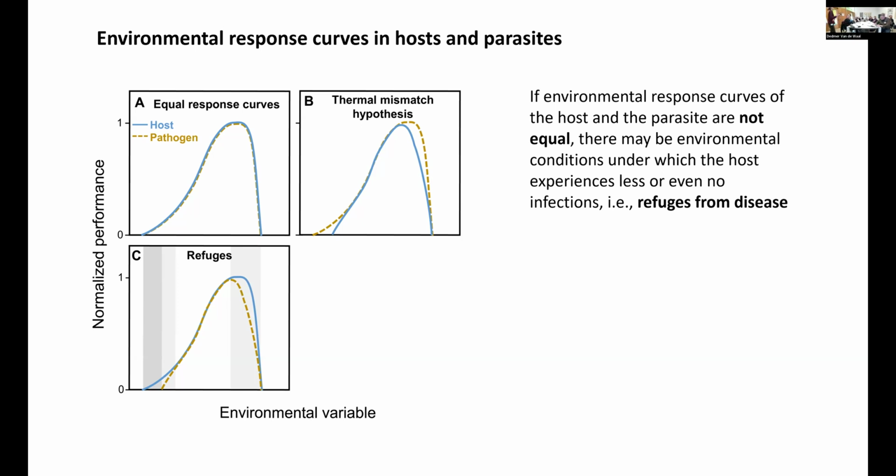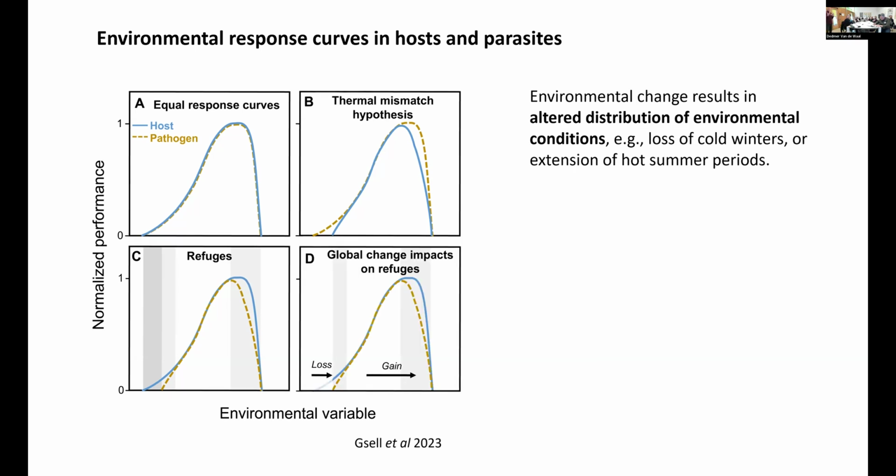But then we live in a changing world, right? Climate change, global change, and general evolution. So that means we're not necessarily keeping these refuges where they are now. And then the question is, if we change the range of, for example, temperature that something is exposed to, will we then lose some of these refuges, but maybe also gain bigger refuges at the other end?